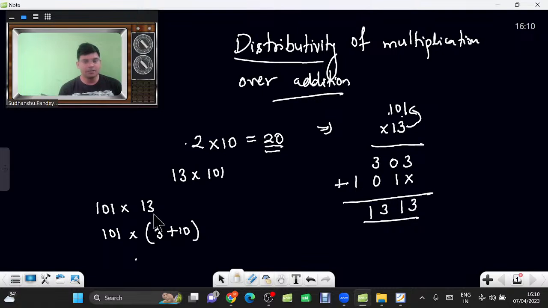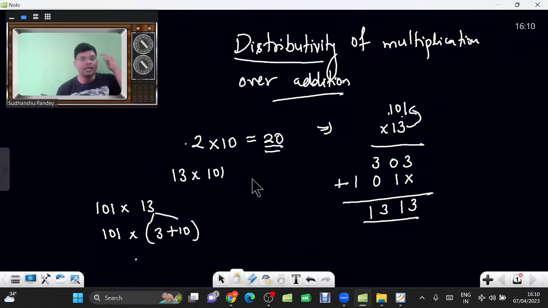Now understand this. This 13 has been distributed into the addition of two numbers. We are multiplying, but in the multiplying, the second number has been distributed into the addition of two numbers.